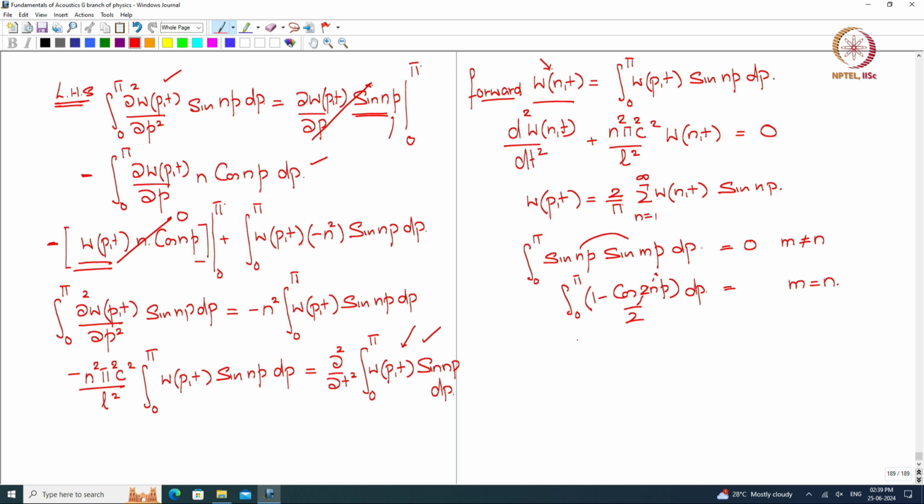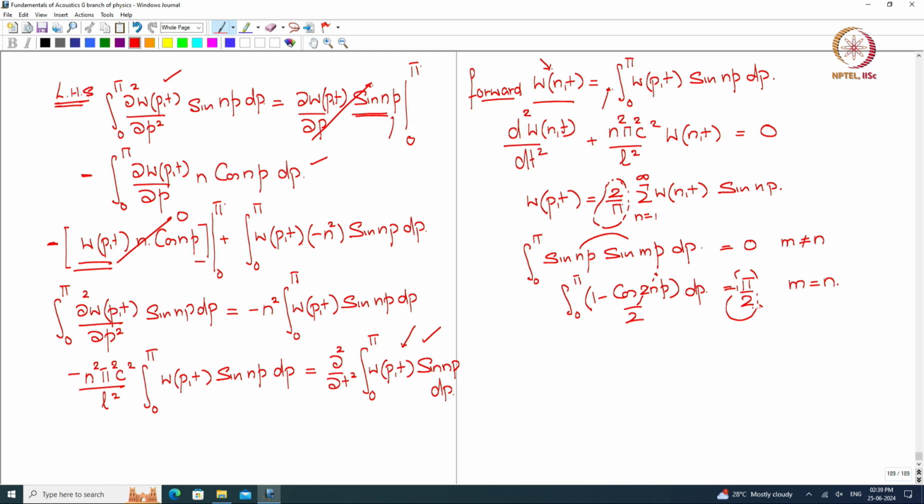So I get pi by 2. So we multiply by 2 by pi before, and that is why here there is no constant in front.